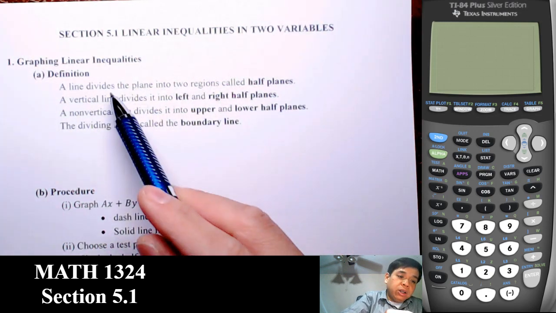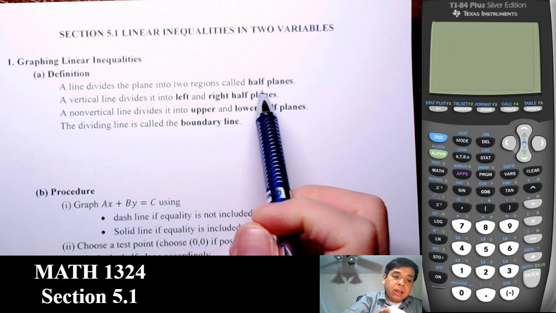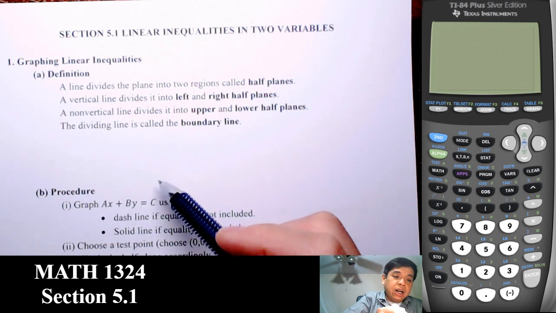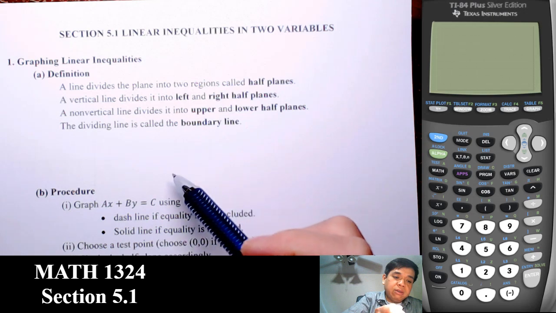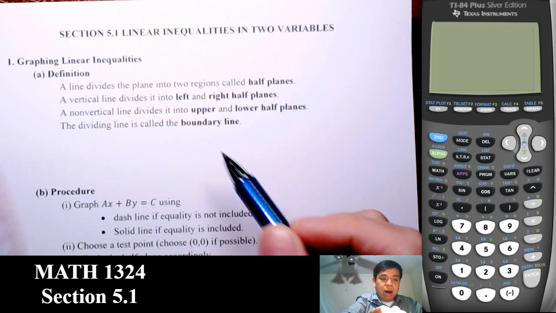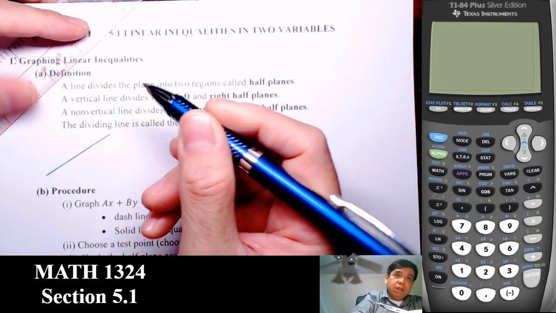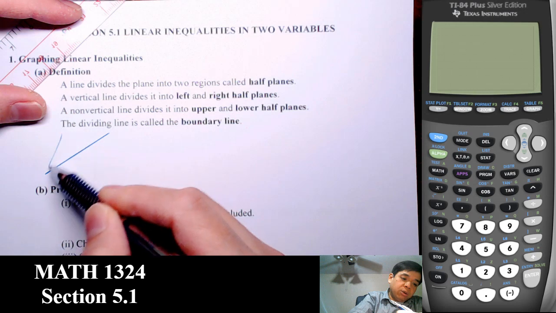A line will divide the plane into two regions called half planes. The vertical line will divide that into left and right. A non-vertical line divides that into upper and lower halves, and the line is called the boundary line. So let's say we have the line, and of course it will divide into two half planes.